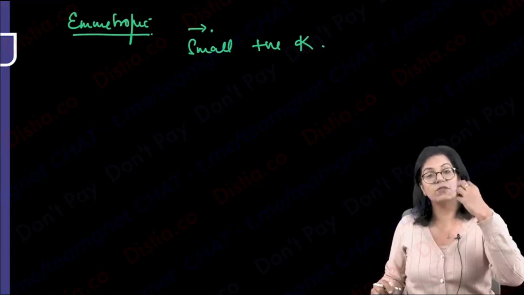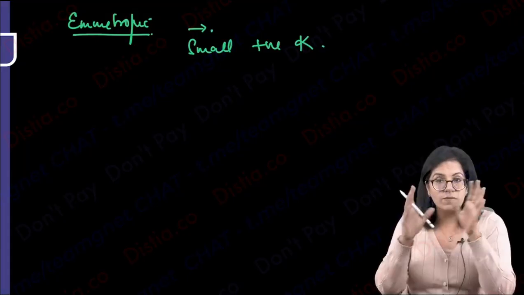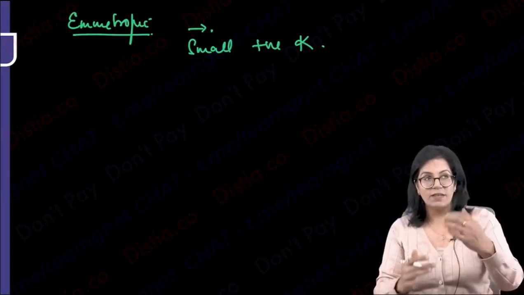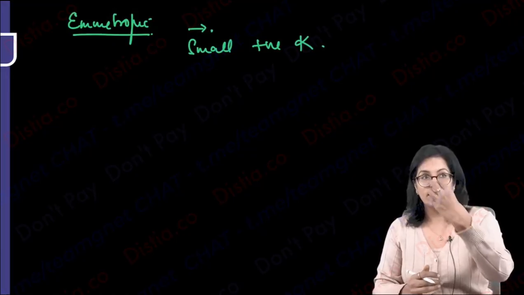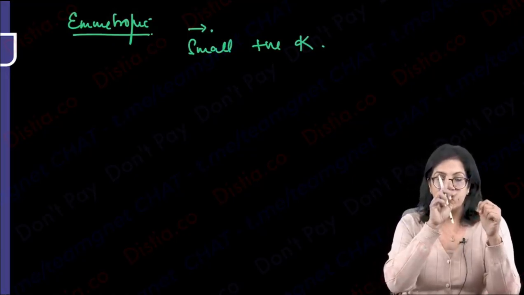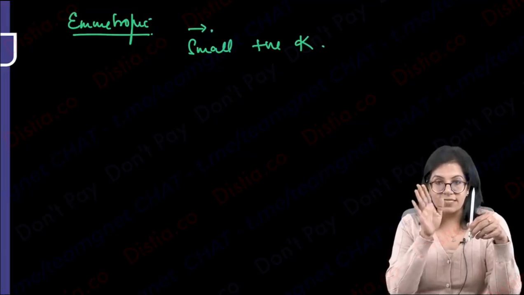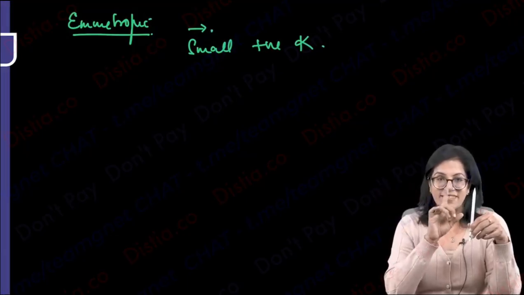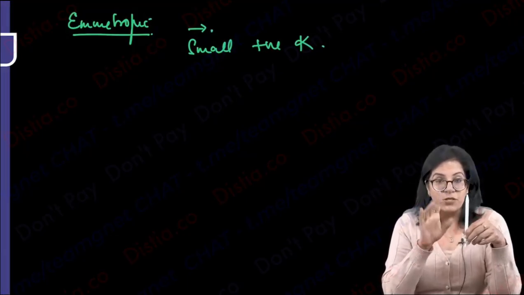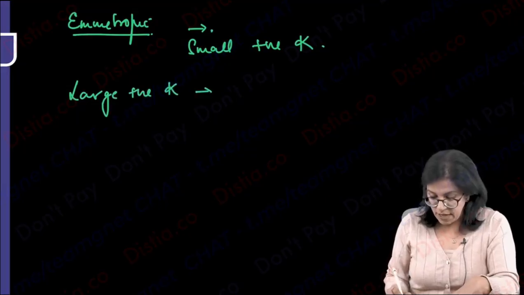We will talk about it in squint again. If it is falling too much nasal, do you realize what will happen? Imagine yourself that you are examining the eye, showing the torchlight, and the reflex is nasal. If it is falling too much nasal, it feels as if the eye is out, though it is not out. Right? So this is large positive. Too much nasal means large positive kappa.